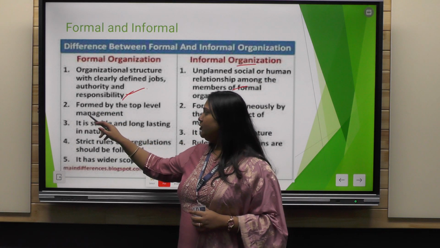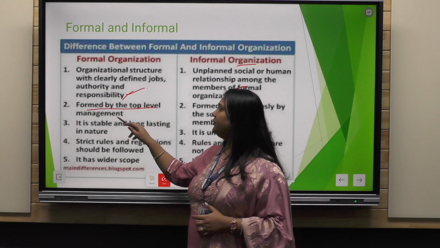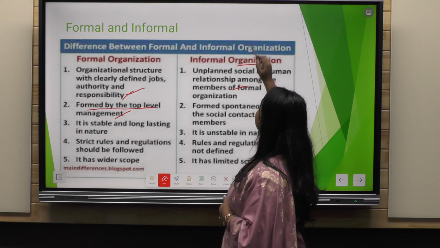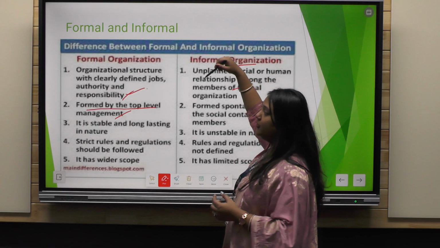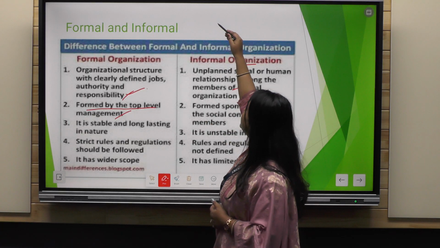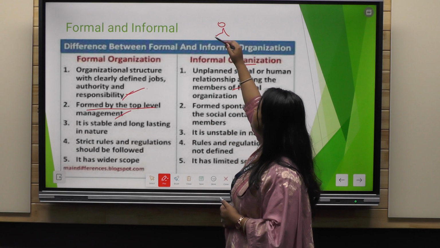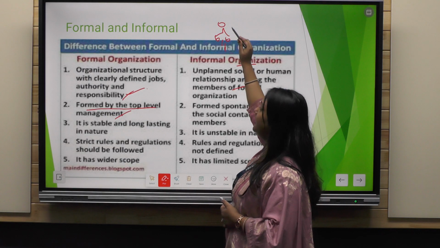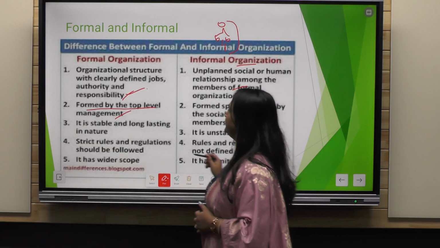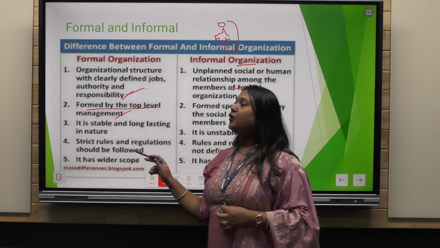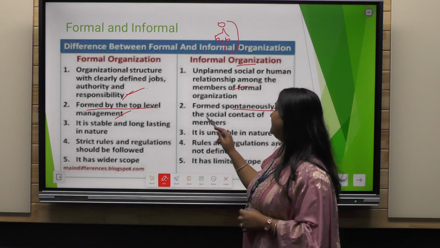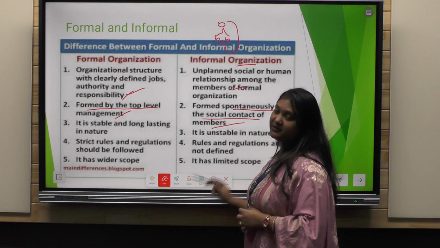When we talk about the formal organization, it is formed by the top level of management. It is always formed by the top level, because authority and responsibility come from the top level. The boss will give the authority and responsibility to their members, and it will go from the top to the bottom. If we talk about the informal organization, then it is spontaneous, formed by social connections among the members.